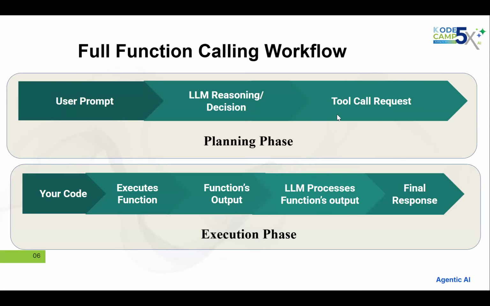And when it makes that tool call request, your code will also have to execute that new tool call request, get the output of the tool, pass it back to the LLM, and the LLM will process it. And it will continue on in this cycle until the LLM determines that it doesn't need to make any further tool calls. And then it processes whatever data it got from the tools and outputs the final response.